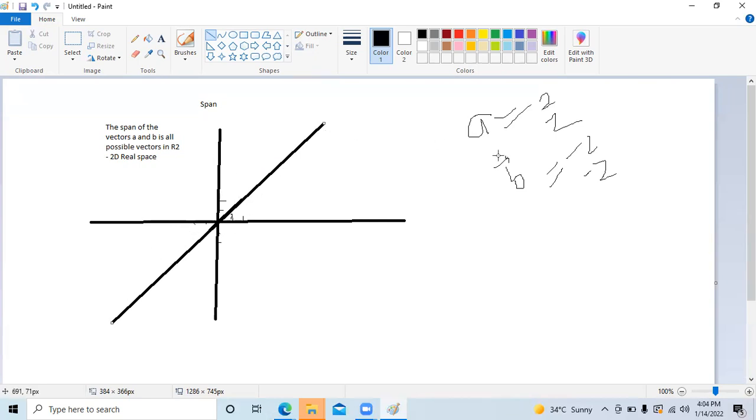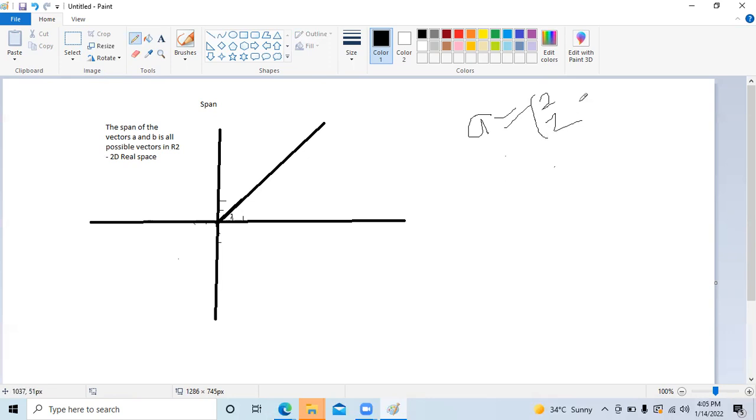Another example: what is the span of vector A? To show you the span of vector A on the graph, the span of vector A is every possible vector on this line.